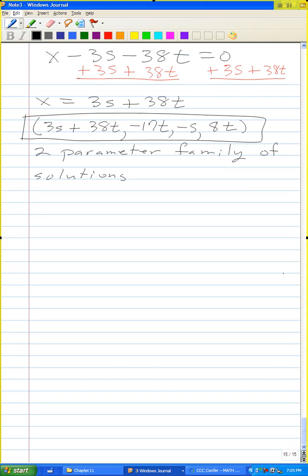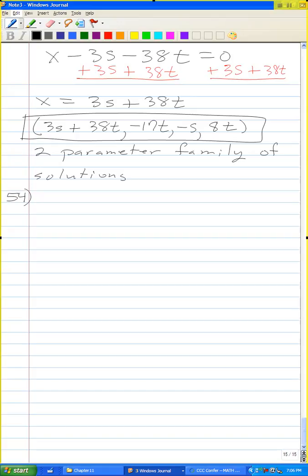Okay, so let me do problem 54. A dietitian is preparing a meal consisting of 3 types of food. Food A, food B, food C, yummy. An ounce of food A contains 3 units of protein, 2 units of fat, 5 units of carbohydrates.